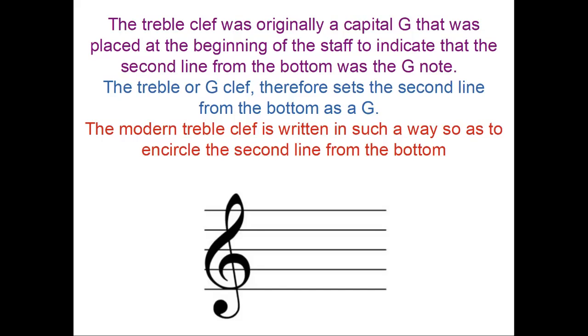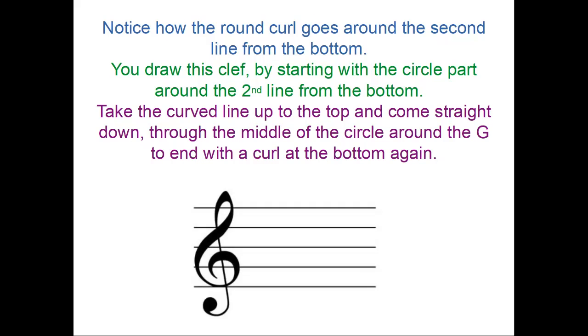The modern treble clef is written in such a way so as to encircle the second line from the bottom. Notice how the round curl goes around the second line from the bottom. You draw this clef by starting with the circle part around the second line from the bottom.